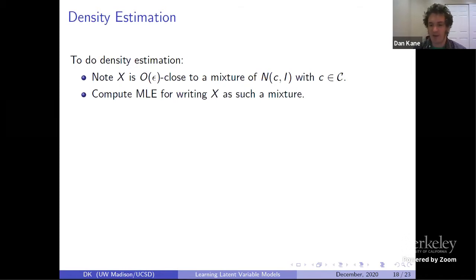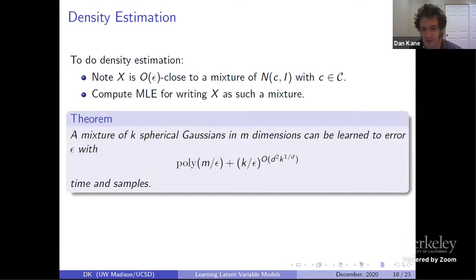And so we have an explicit set of distributions, and we have sample access to some X which is close to being a mixture of these explicit distributions. And it turns out that that problem is actually reasonably easy to solve. Basically, you can compute a maximum likelihood estimator for X as being written as such a mixture. And the analysis is not very difficult to show that this actually converges.